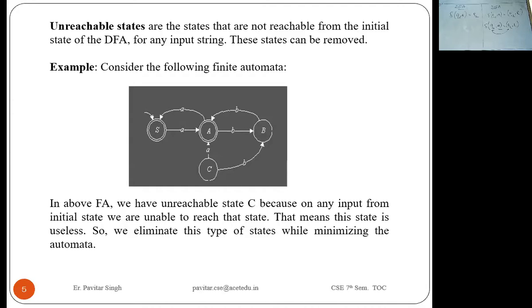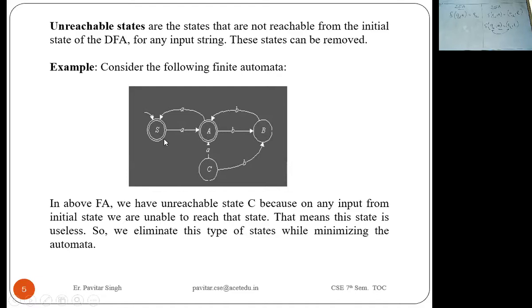You can see that from the initial state, that is capital S, which is the initial state as well as your final state, here capital A is also acting as your final state.